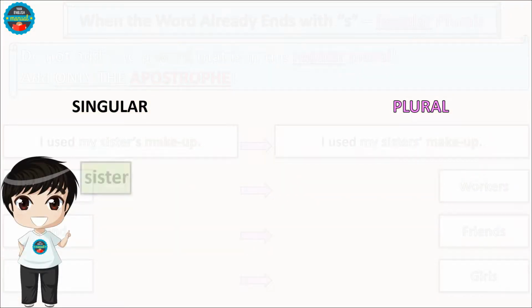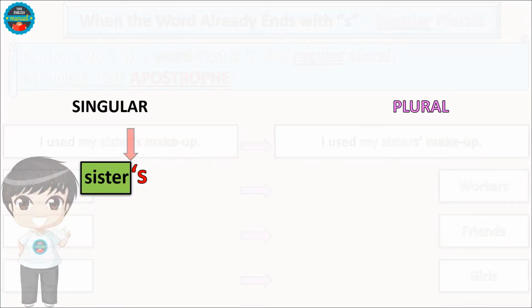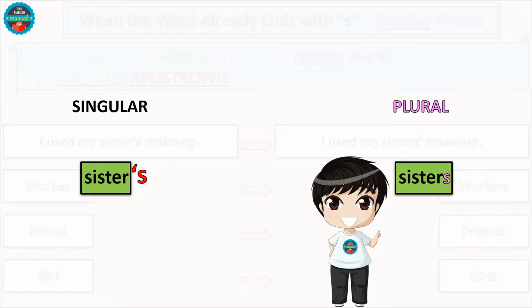If the word is sister, the possessive becomes sister's, because we only put the apostrophe s after the word. But if the word is sisters, the possessive becomes sisters', because the word only ends in the s, so the apostrophe only comes after the s.